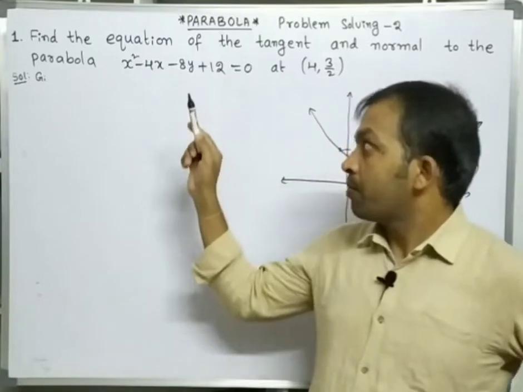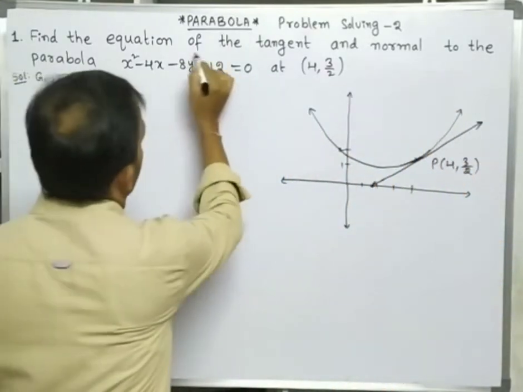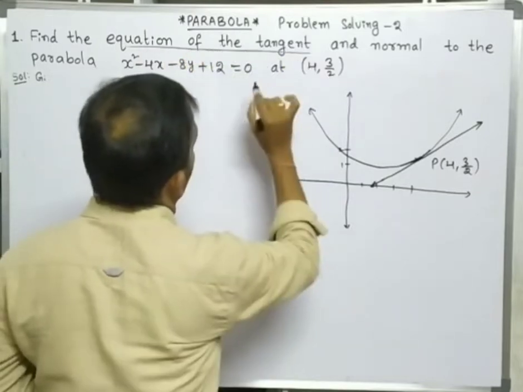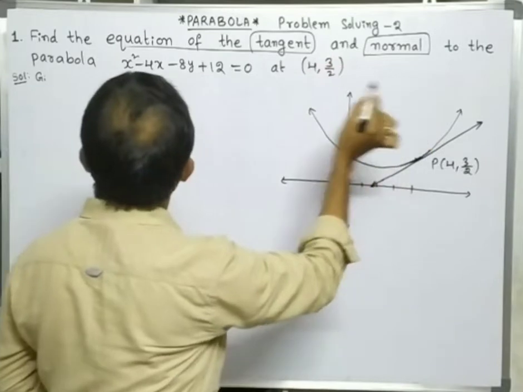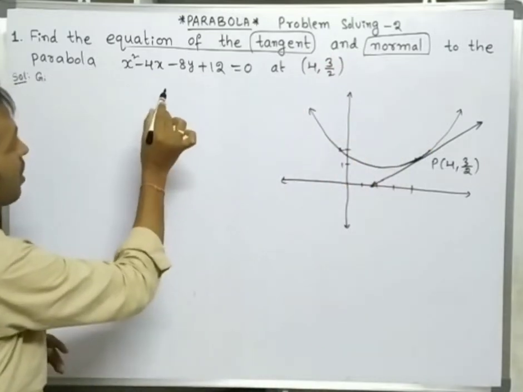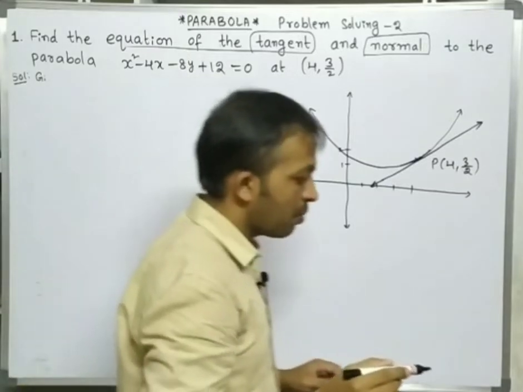So first problem: find the equation of the tangent and normal to the parabola x square minus 4x minus 8y plus 12 is equal to 0 at 4 comma 3 by 2.